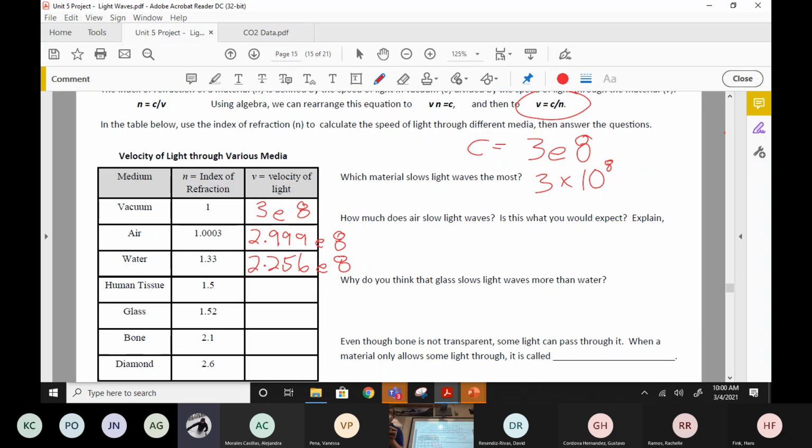Are you with me on how I'm changing it to scientific notation there at the end? I moved the decimal over 8 places, and I just ignored a bunch of the digits. Okay, so I would like you to continue filling in this chart. If you're doing it right, you're going to see the number gets smaller and smaller every time.